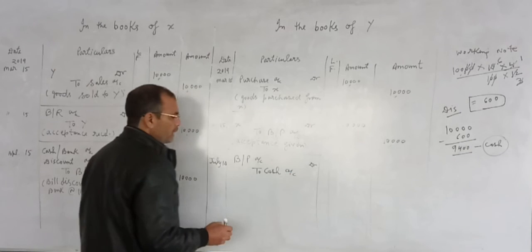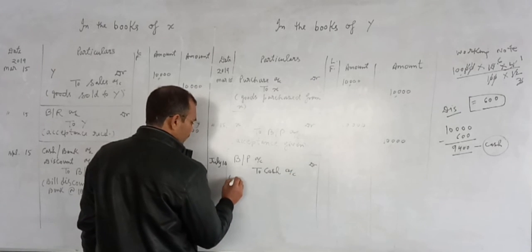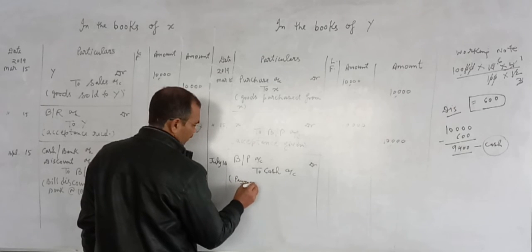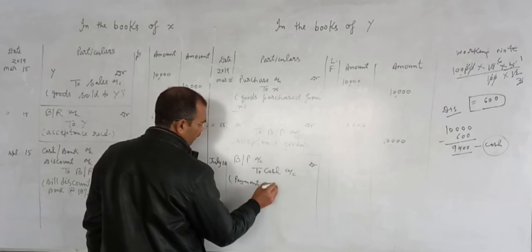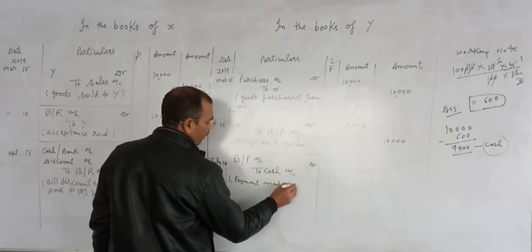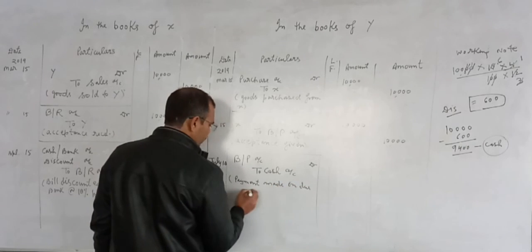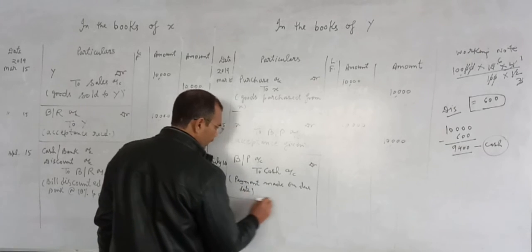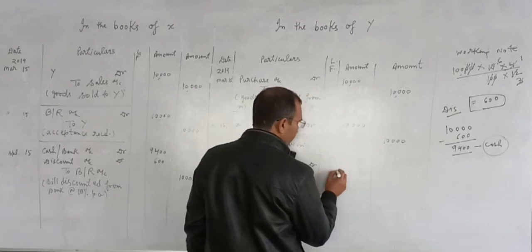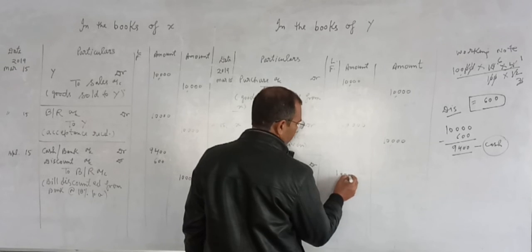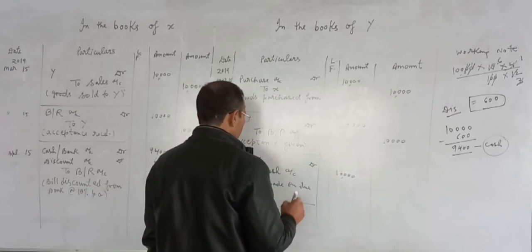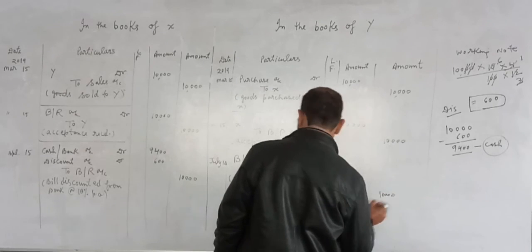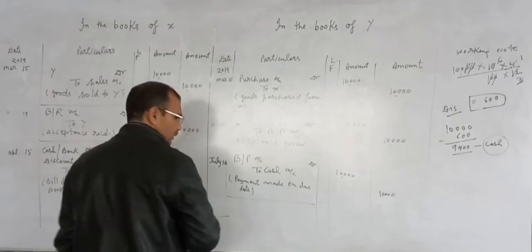BP account debit to cash, and we will write here payment made on due date. Okay, and what amount will he pay? 10,000, because the BP is of 10,000. And in this way this question is complete.